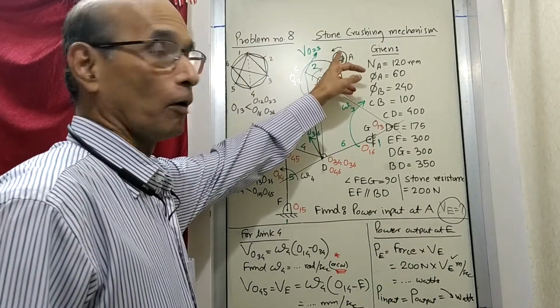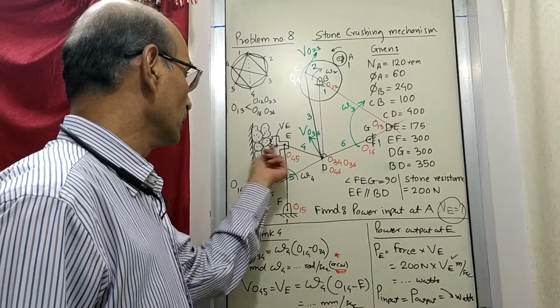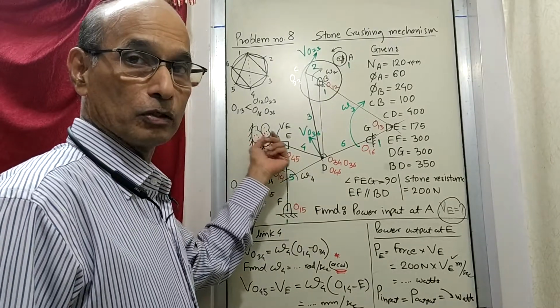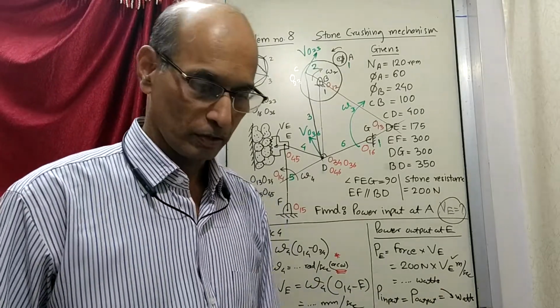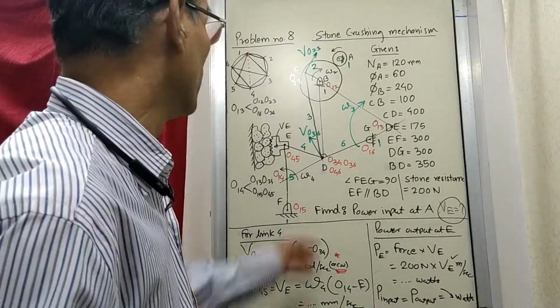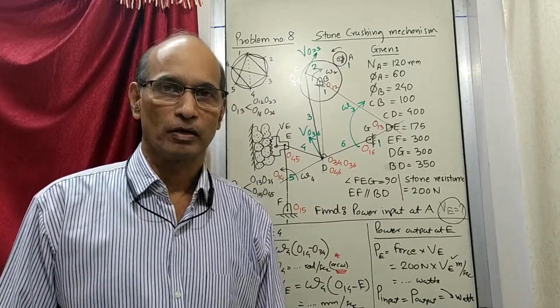That much amount of power you have to put in at A, and then the mechanism will start working and the hammer will start crushing the stones. So this is the way this exercise can be solved. Okay. So that was our last problem, problem number 8 in the IC method for finding out velocities.